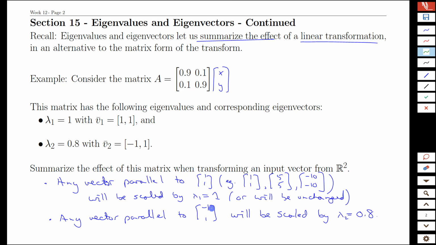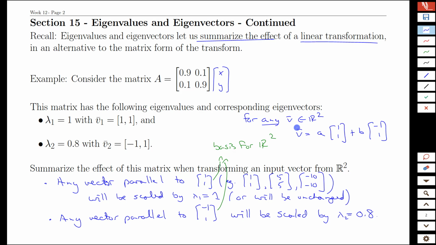And remember, this is enough information to transform any input vector from R2, because these two elements here are a basis for R2. And we're going to explore that concept further on during this week. But the idea is, if you had any vector v in R2, because these are a basis, v is some multiple of the first vector and some multiple of the second vector. These are not the eigenvalues anymore.